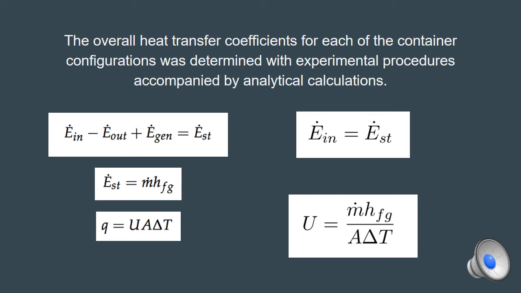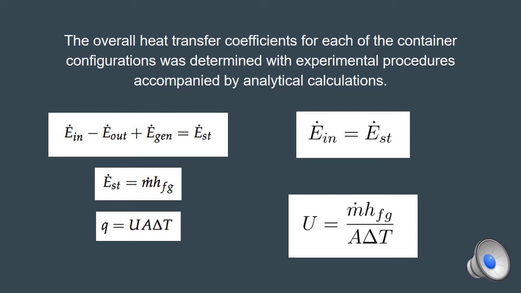This can be determined experimentally by measuring the mass of water that undergoes a phase change in steady state over a specified period of time. When the amount of energy stored by the system is determined, the amount of energy entering the system is also known. The amount of energy entering the system is equal to the overall heat transfer coefficient times the area times the difference in temperature.